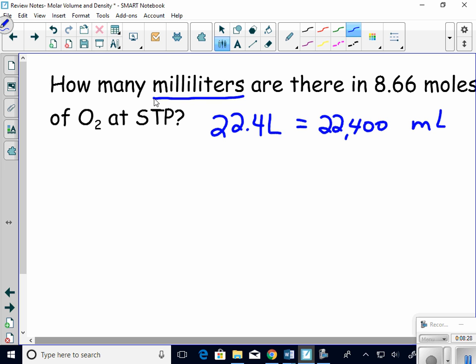22,400. So 22.4 liters is 22,400 milliliters. So if I'm doing my conversion, I have 8.66 mole of oxygen.